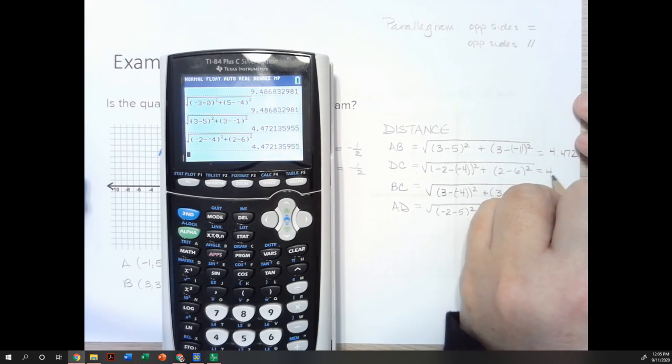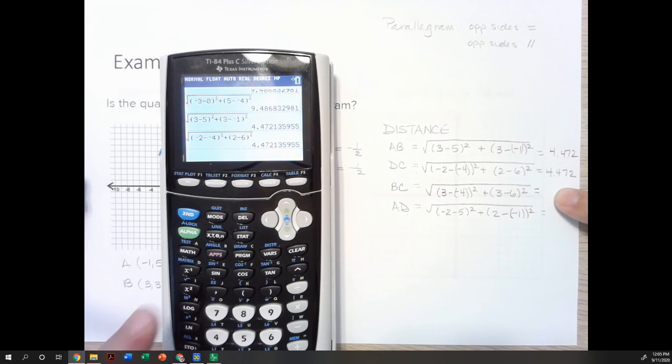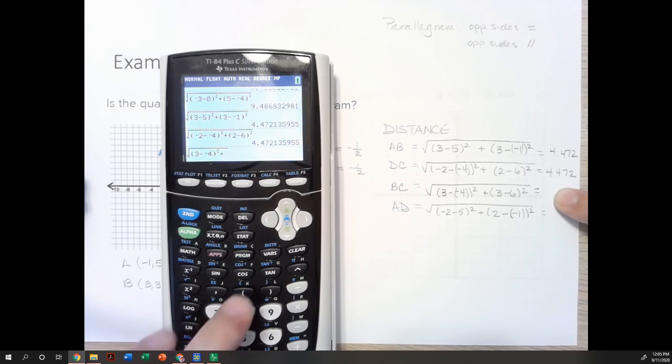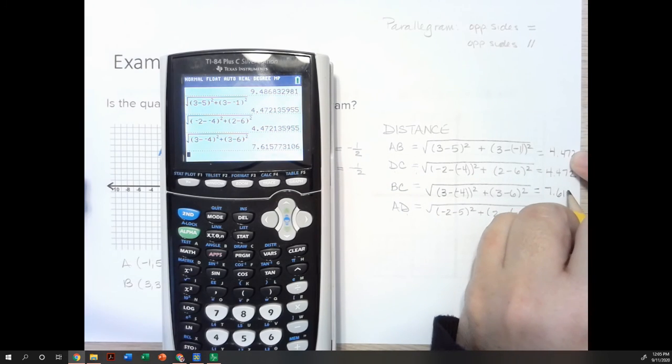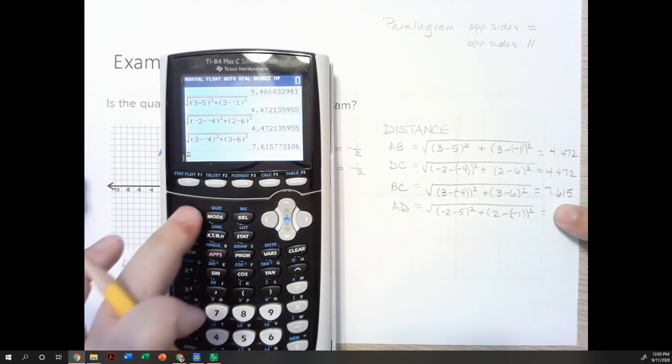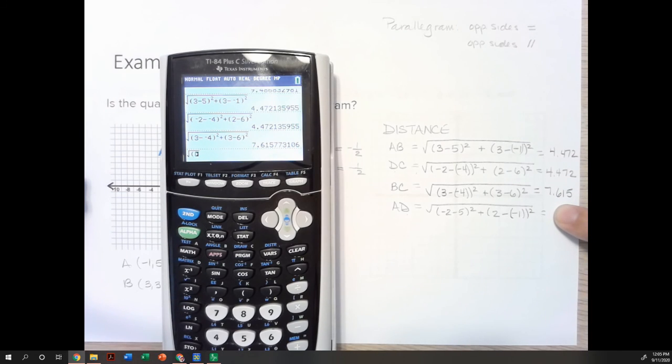Okay, that's a good sign. Square root of 3 minus -4 squared plus 3 minus 6 squared. That's a good sign as well. Then -2 minus 5 squared plus 2 minus -1 squared.